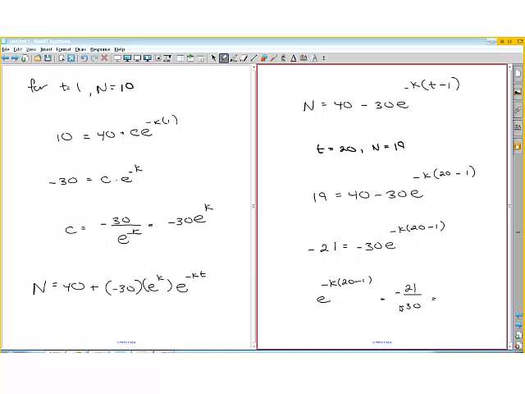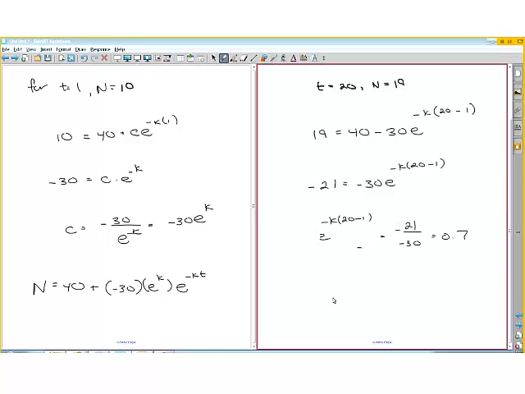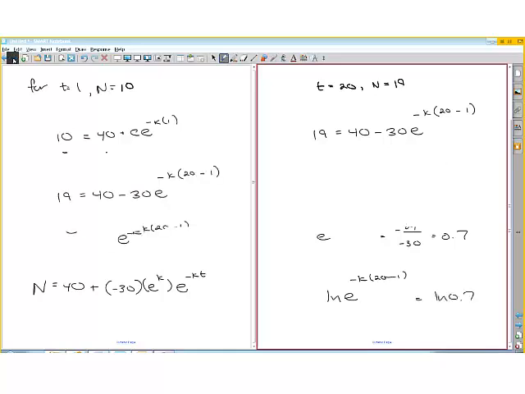So 21 divided by 30 is 0.7. Okay, then what we do is we take the natural log of that side. So we have the natural log of e to the minus k times 20 minus 1 is equal to the natural log of 0.7.